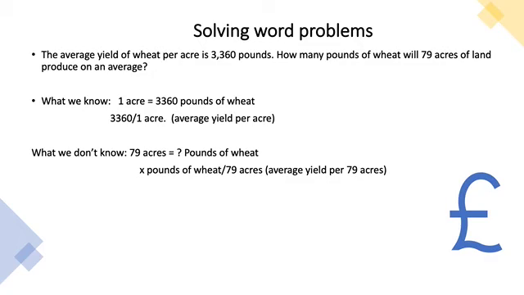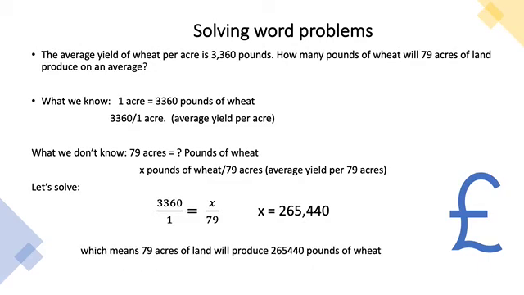X is the unknown. Now, we can proceed to create an equation by equating both averages together. From here, we can see it's easier to solve. We solve by multiplying both sides by 79 in order to find the unknown. When we do that, X equals 265,440.